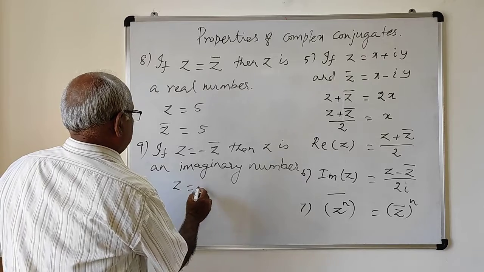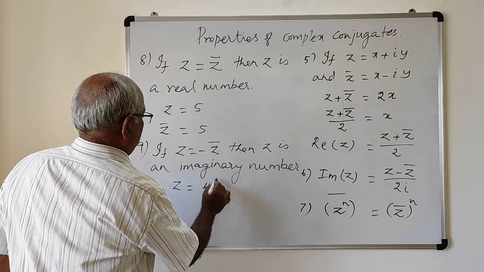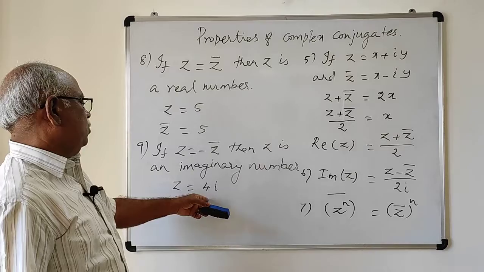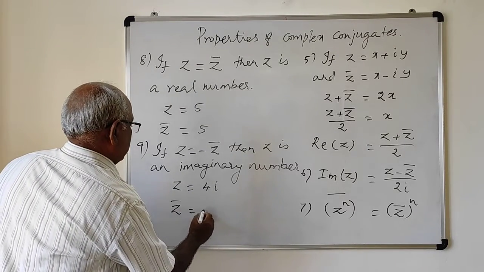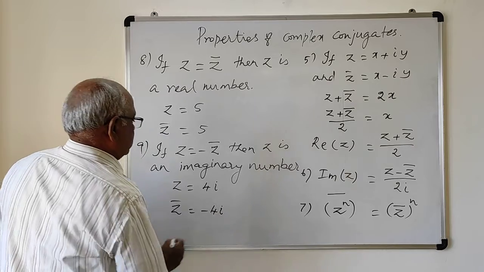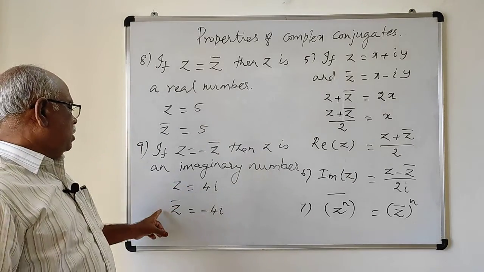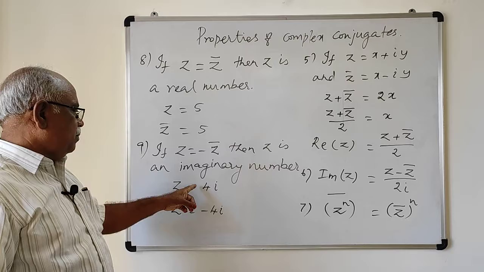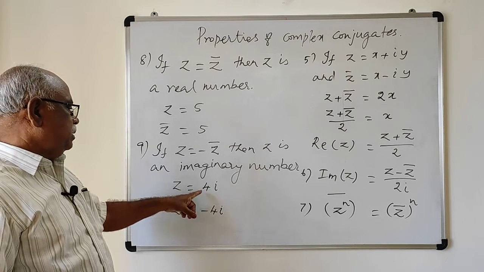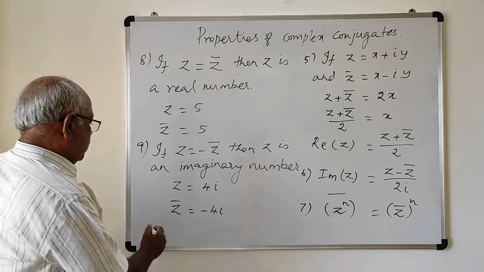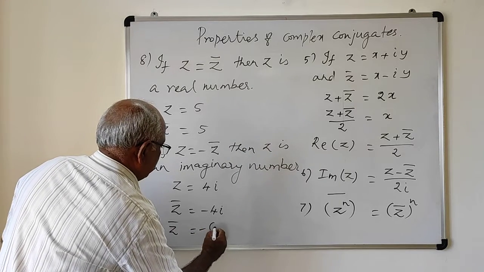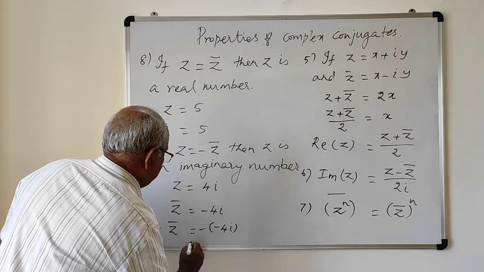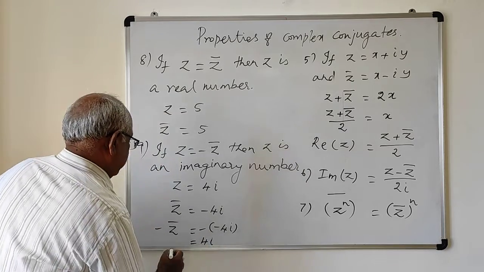Z is some pure imaginary number, you can write 4i. What is Z bar? Minus 4i, because conjugate of a complex number means you have to change the sign of the imaginary part. Minus of Z bar is minus of minus 4i, which is again plus 4i only.